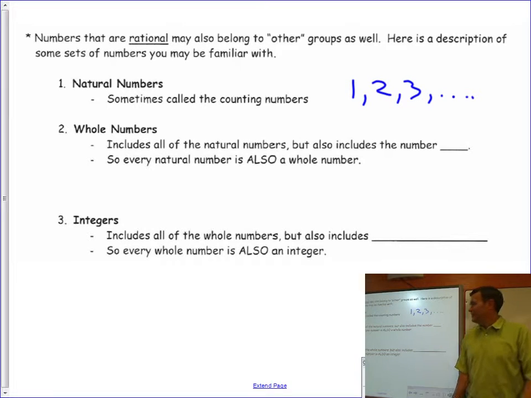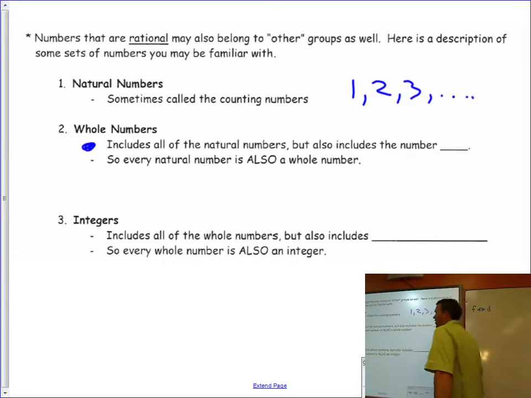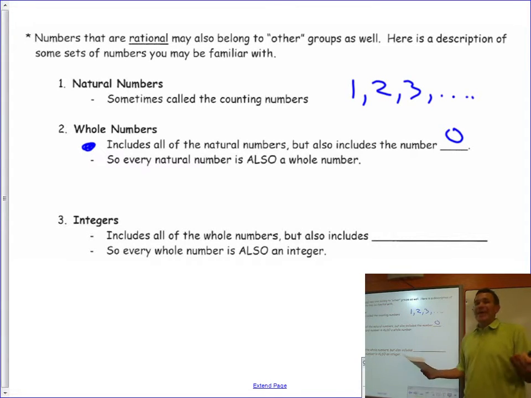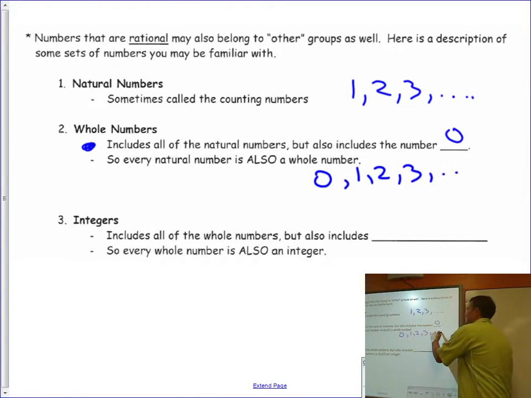Whole numbers include all of the natural numbers, but they also include the number 0. The only difference between whole numbers and natural numbers is the number 0. So whole numbers would be 0, 1, 2, 3, and so on. And the last set of numbers we talk about are integers.